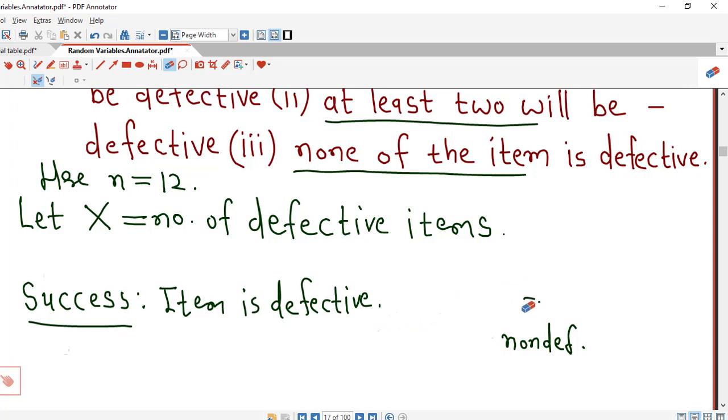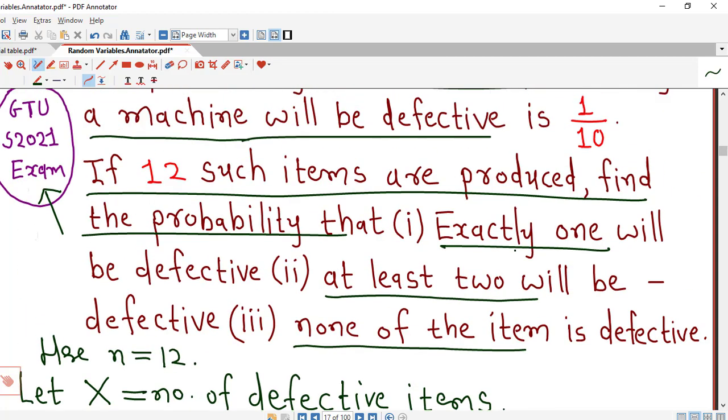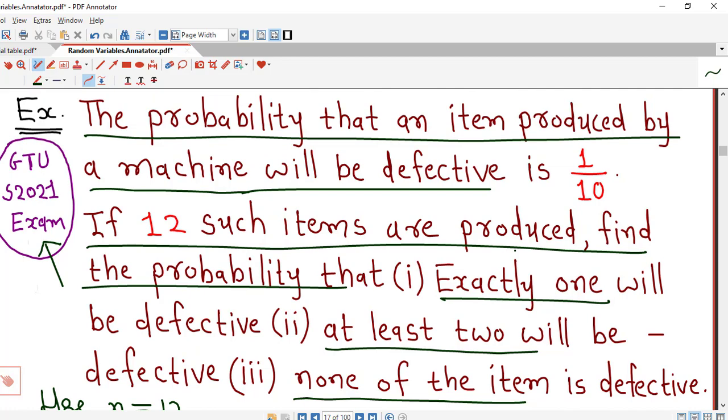So here we have 12 items, that is n equal to 12. So we have a finite number of items or finite number of trials, and for each item there are only two possibilities: either the item is defective or non-defective. Also it is given that the probability of a defective item is 1 by 10.